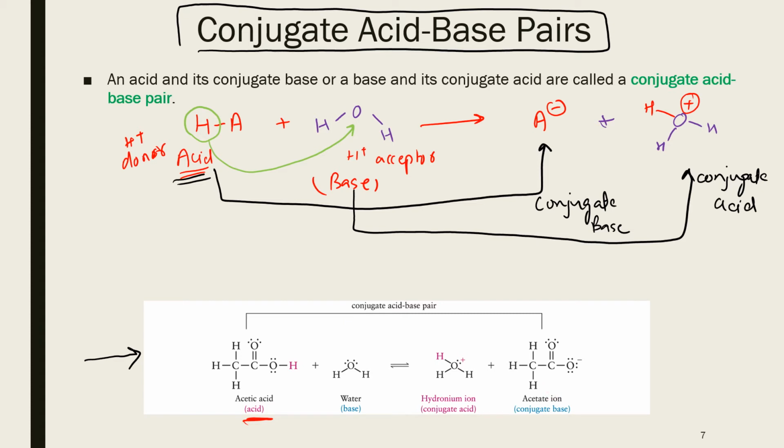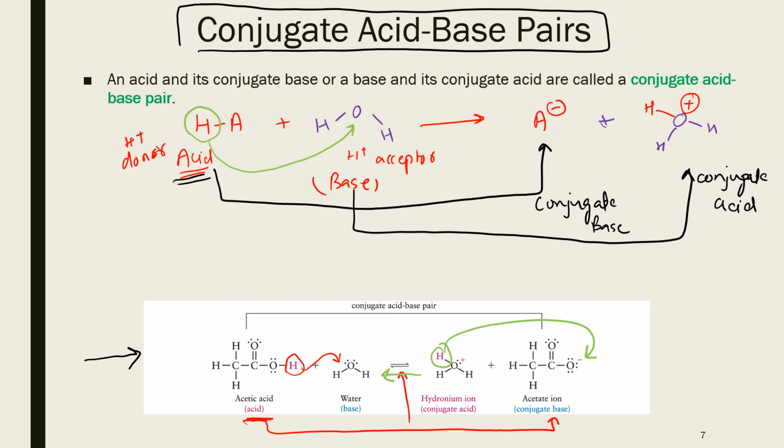Now why does the acid give a conjugate base on the other side? The reason is, if you look at it in the forward direction, the acetic acid is donating the proton to water. But in the reverse reaction, the hydronium will donate its proton back to the acetate ion, and we will get our acetic acid back.